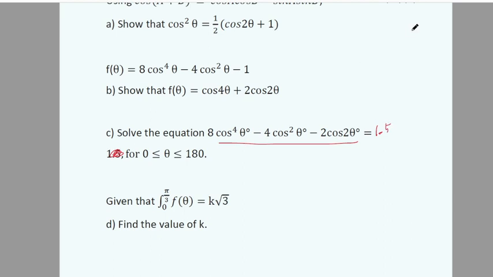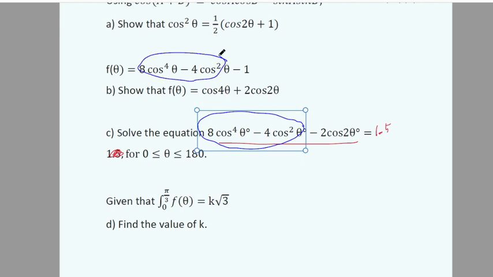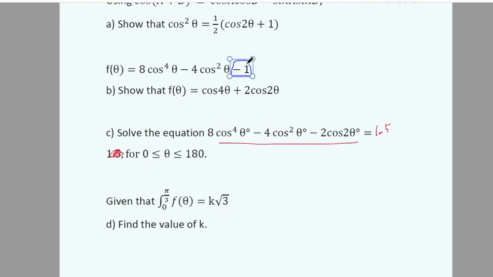So from this equation I can replace the first two terms, which is here, right? In this equation, we do not need this minus 1 for the time being because we do not have the minus 1 here.